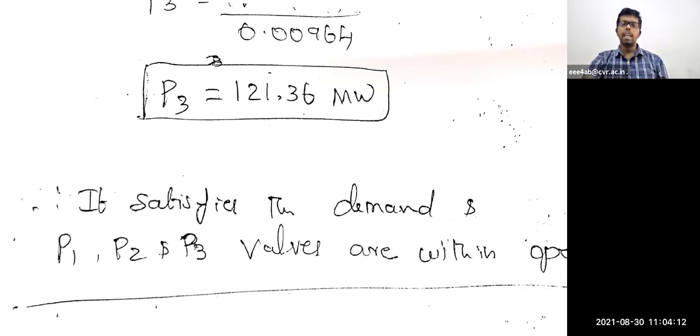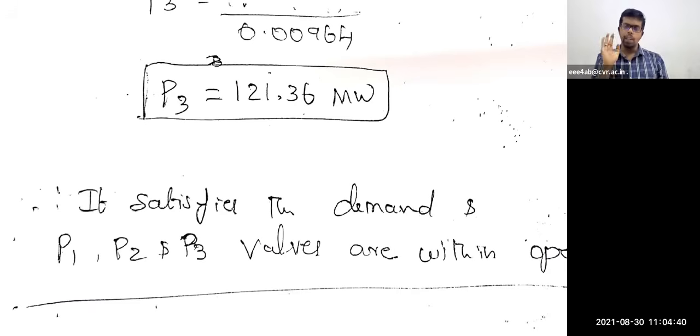Why? Because we have taken only 4 terms after the decimal. If you take the full value, say for example, if you are calculating P3, the answer is coming like 121.36871478 something in your scientific calculator. The same answer you take for all 3 generating units.